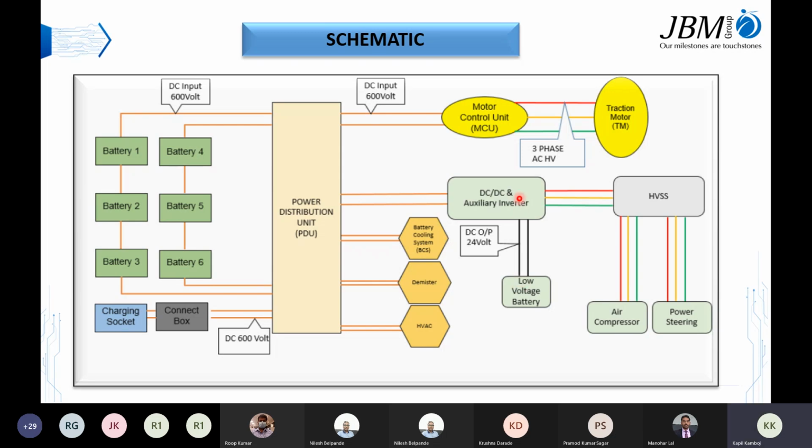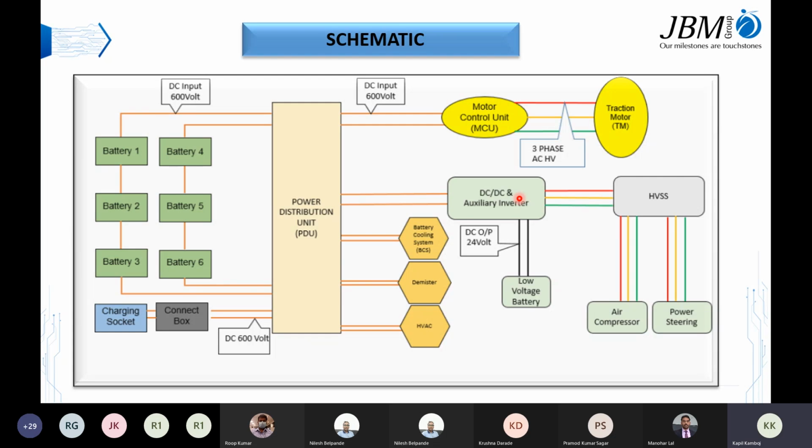Then this DC-DC auxiliary converter also gives us 3-phase AC output. As of now, the capacity is 30 kilowatt, for which the input is going into the HVSS. This HVSS consists of basically the contactor and the MCBs, and we call it the high voltage switching station.